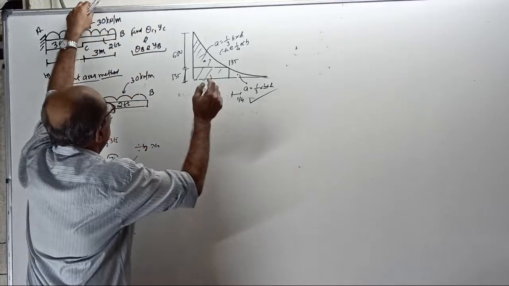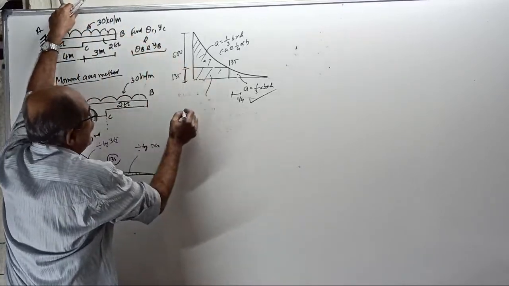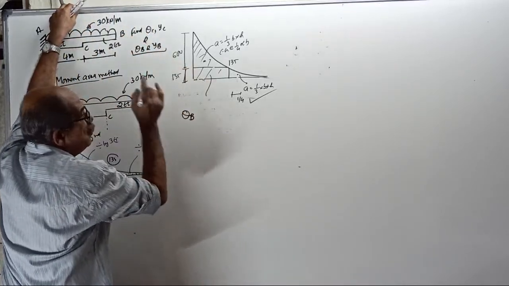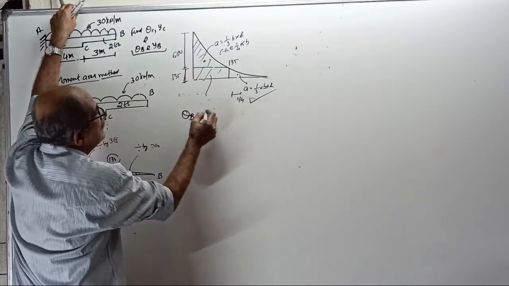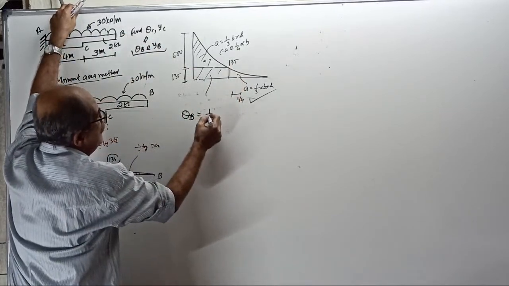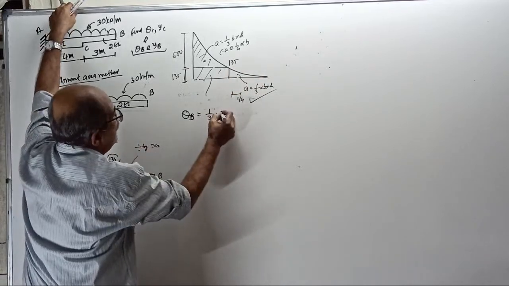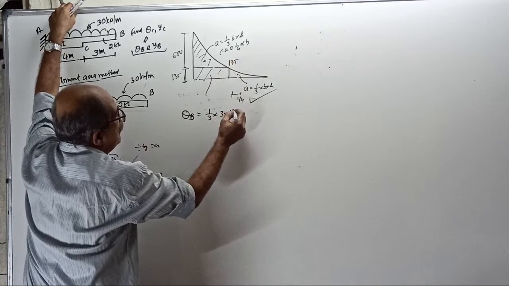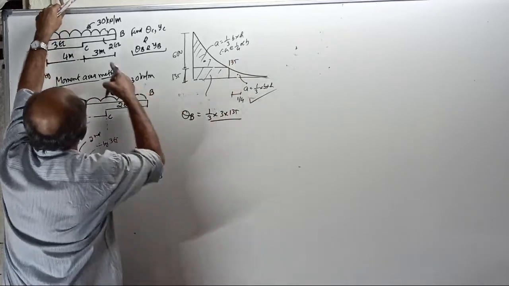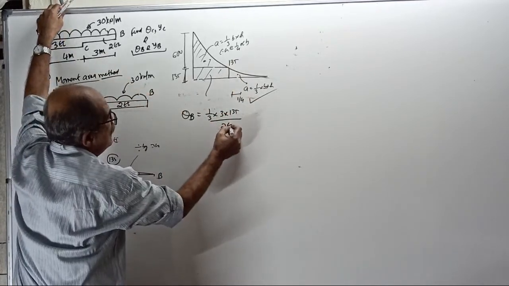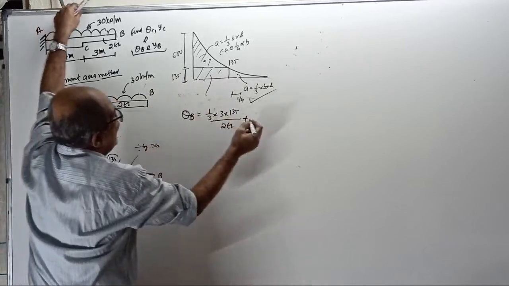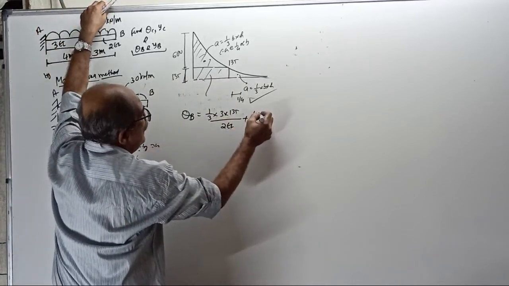See, I will tell you what theta B they will get. One number is sufficient. What theta B they will get. Here, they will write 1/3 of base. How much base? 3 into height is 135. That they will divide by 2 EI. Plus this rectangle, they will take 4 into 135.